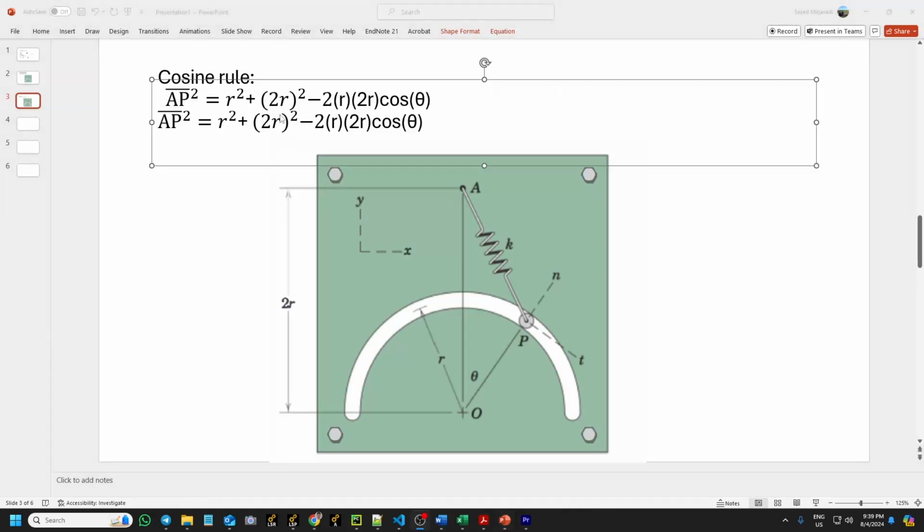Okay, 2 squared is 4, 4 plus 1 is 5. 2 times 2 is 4.